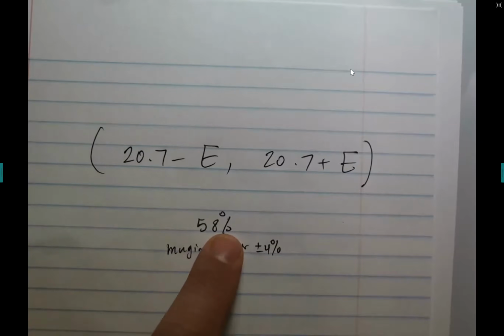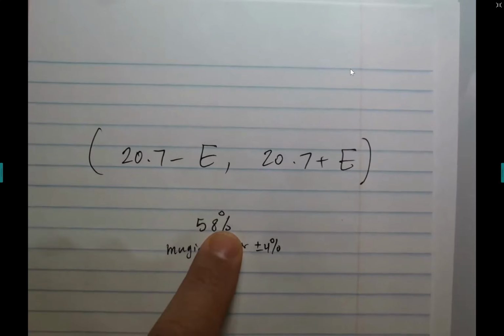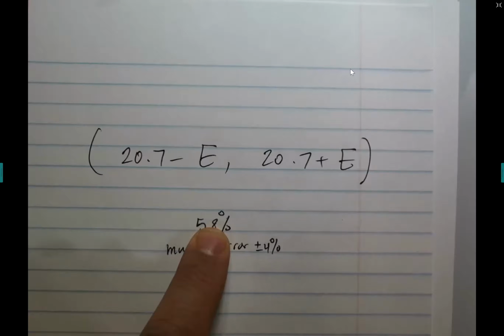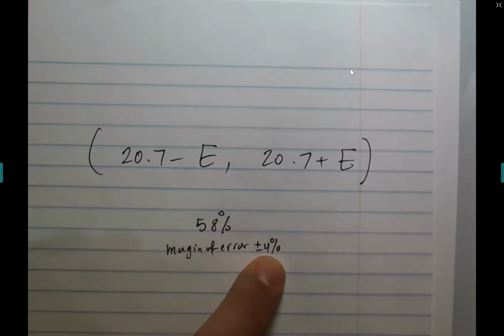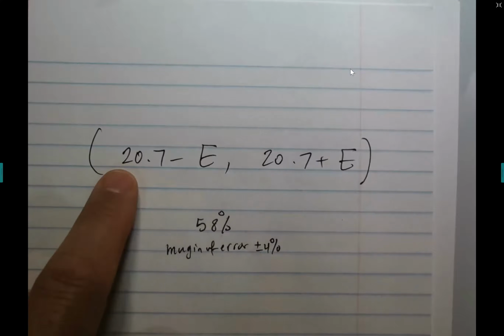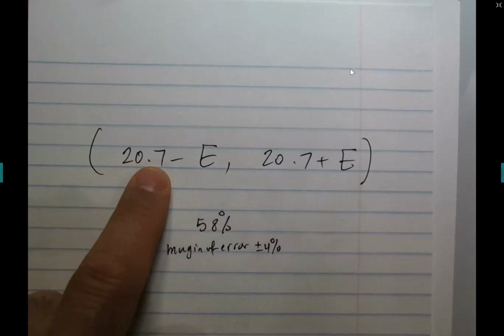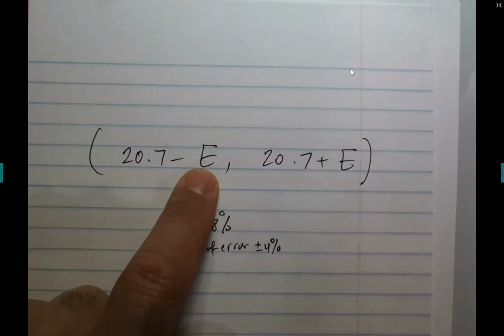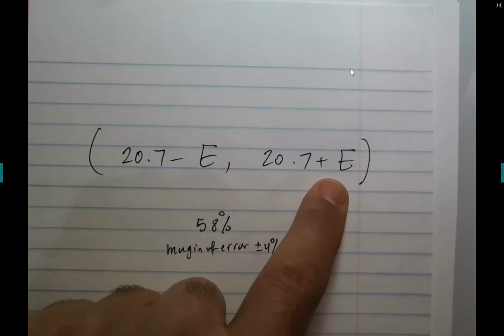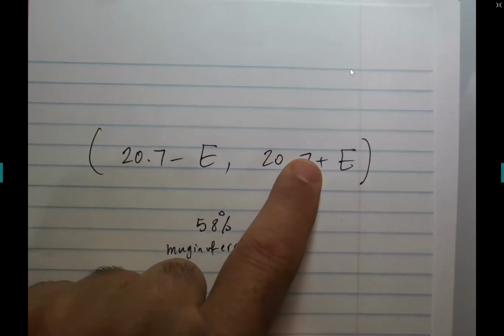The 58% is the sample proportion. It's from the sample of 10,000 registered voters that they interviewed. They got 58% to say, yes, we will support, for example, Biden or Trump. And then the plus or minus 4. It's the same thing, guys. The 20.7 is information that we got from the sample.